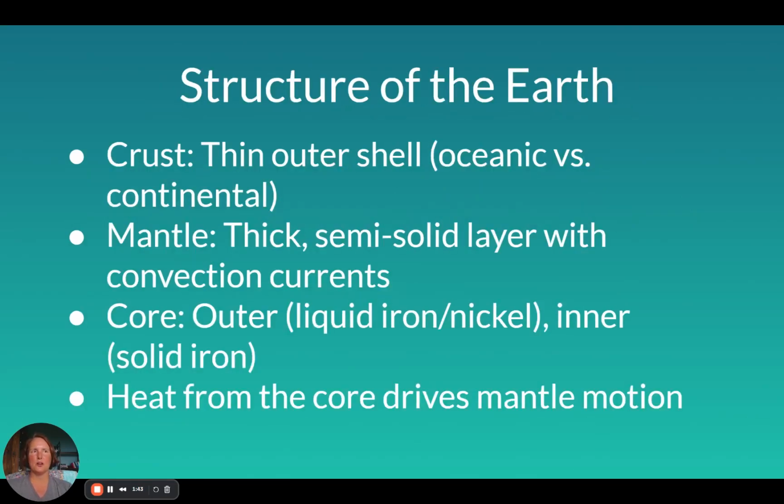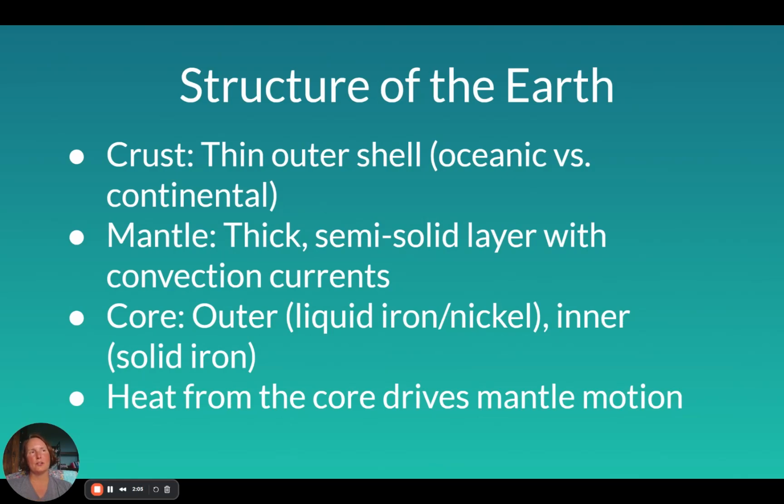So the structure of the Earth, we have the crust, the mantle, and the core. It sounds easy, but it does get a little more complicated than that. So the crust is thinner in general than any of the other layers. We have two types of crust.